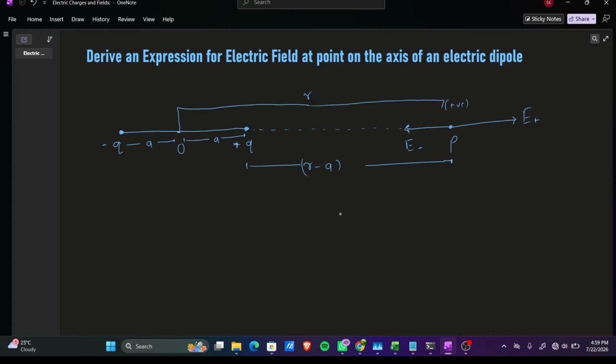If we subtract this distance from this, we get the distance from positive q to P. From the negative charge to this point P, the distance will be r plus a. As you can see, this much distance is a, and from the midpoint to the positive test charge point, this distance is r. So the total distance will be r plus a. Hope this is clear.